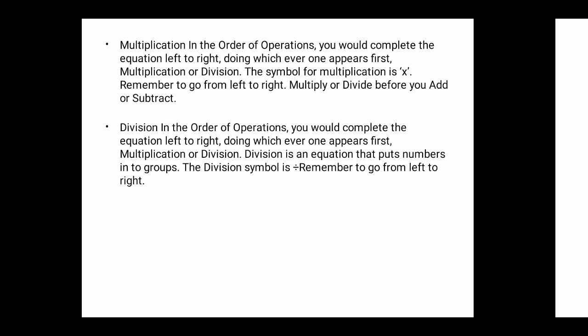Division: you would complete the equation left to right, doing whichever one appears first, multiplication or division. Division is an operation that puts numbers into groups. Remember to go from left to right. Always remember, students.